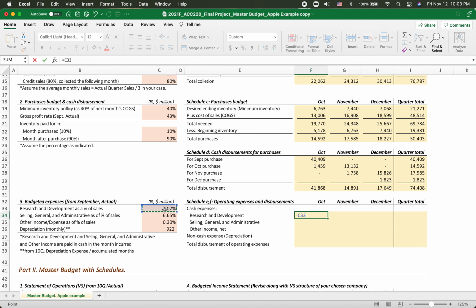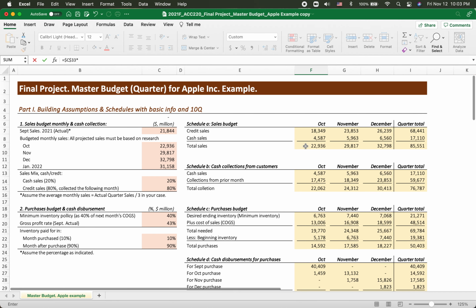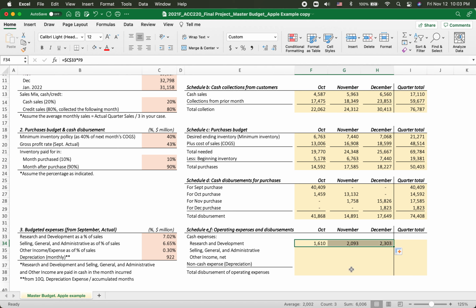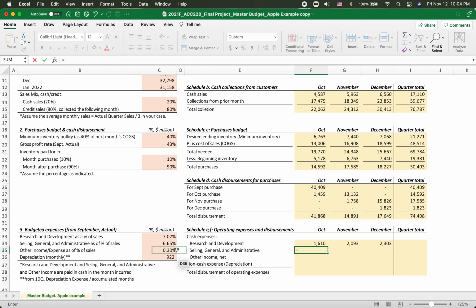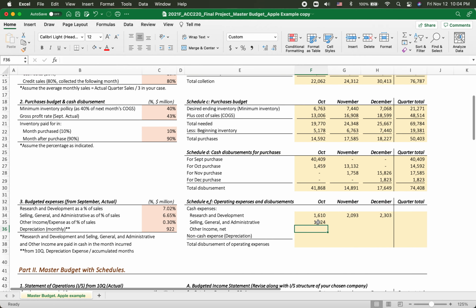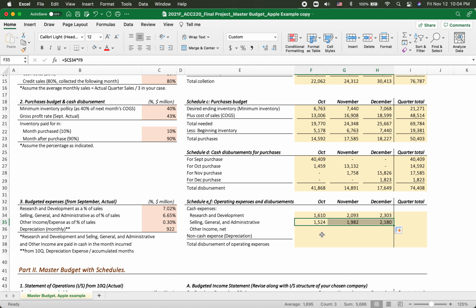Now we'll correlate this percentage to the projected sales. Then let's drag it to the right. So we calculate it. And then the general selling, general and administrative is 6.65%. We already calculated, and let's lock that cell and sales also. And then let's drag it to the right.